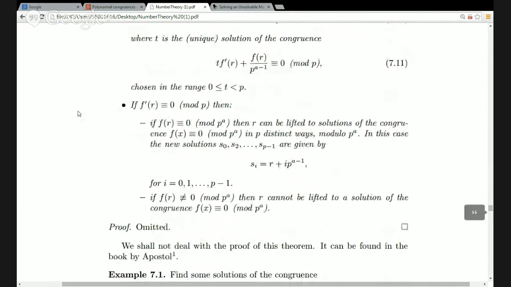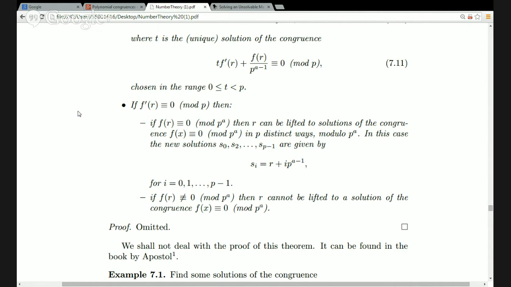Atypical behavior happens in the case where f prime of r is congruent to 0. And then there's a further test. So within this case, there's 2 possibilities. Either your one solution splits, and you get many solutions at the next level, or your one solution fails to lift.